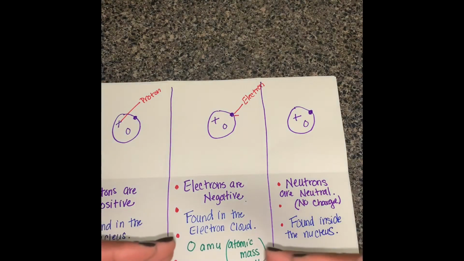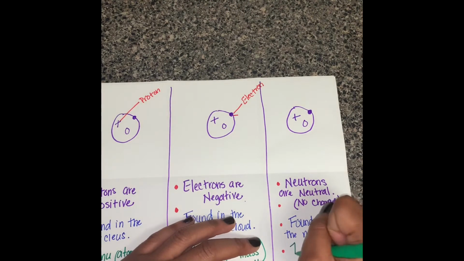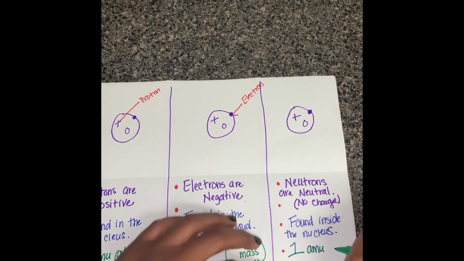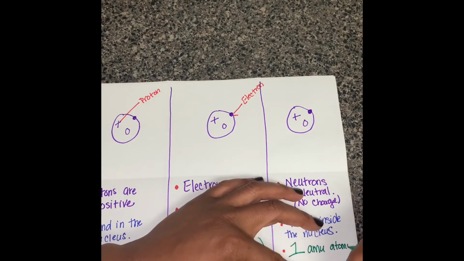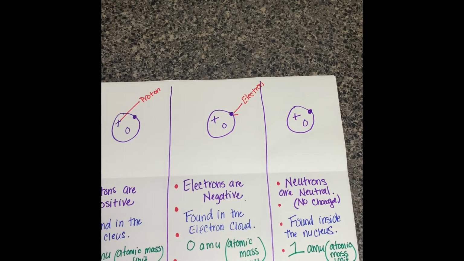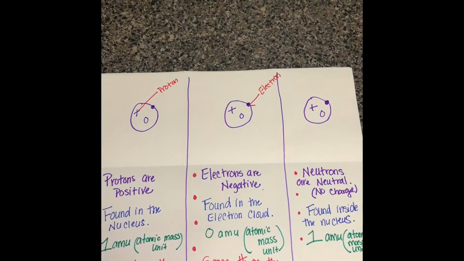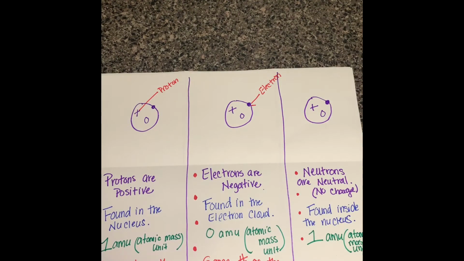And these 2 things come together to help us make up the mass of the atom. Now, since they help with the mass, they have a mass of 1 AMU. And so this 1 AMU and this 1 AMU help make up the mass of that atom.